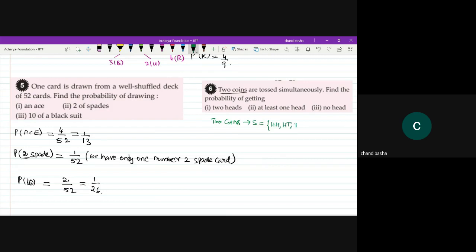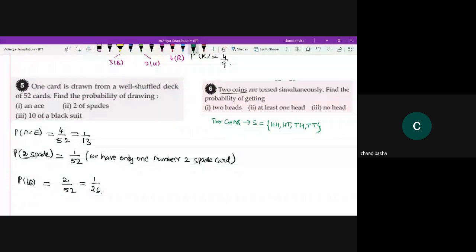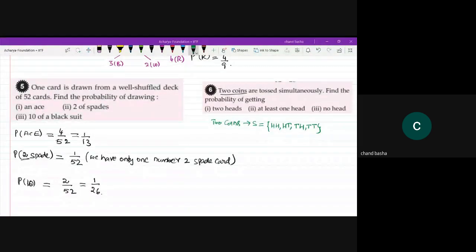Sir, can I? Ritvik, first point. Sir, 1 by 2, sir. Purvi, is it the correct answer, 1 by 2? Yes, sir, 1 by 2 correct answer.